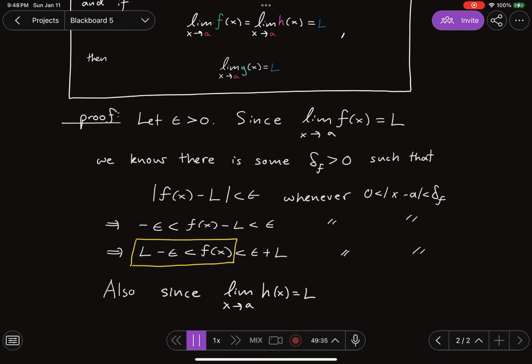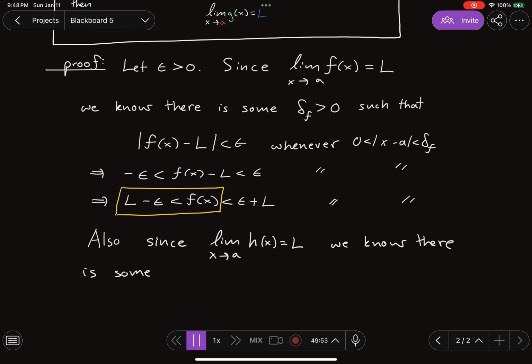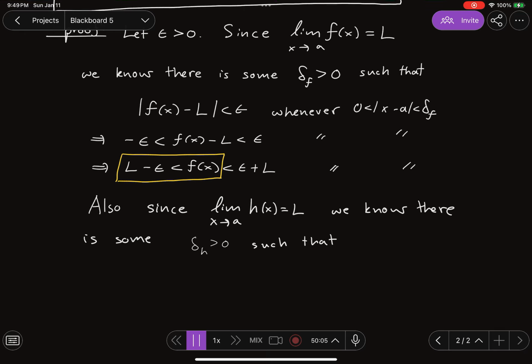All right. Since the limit of h of x as x approaches a is equal to L, we know there is some delta sub h bigger than 0 such that, and this next part is going to be very familiar, h of x minus L is less than epsilon whenever 0 is less than x minus a is less than this delta h.